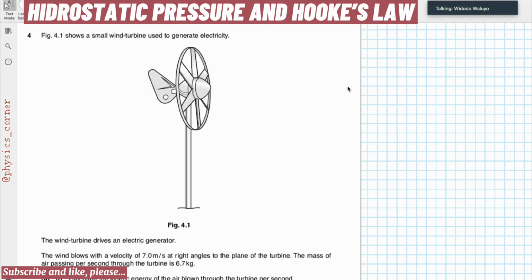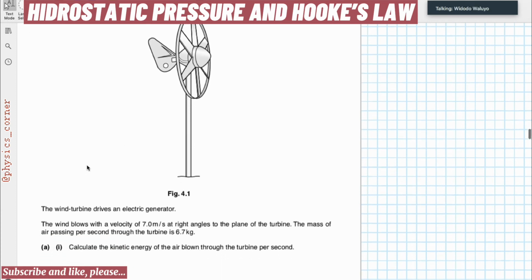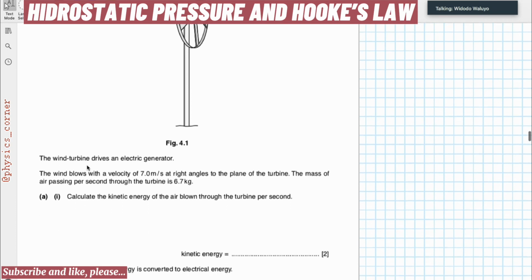Question 4. Figure 4.1 shows a small wind turbine used to generate electricity. Okay, this is the turbine, from the wind. The wind turbine drives an electric generator.